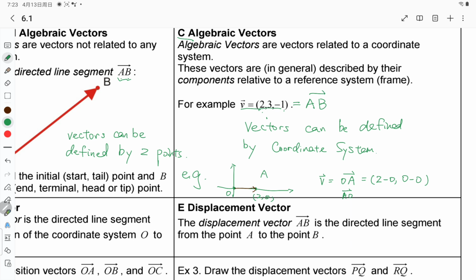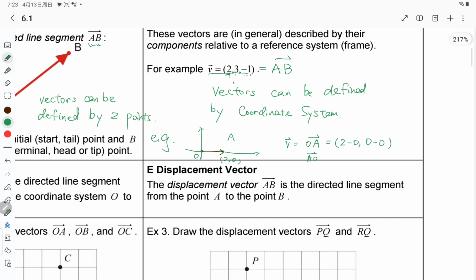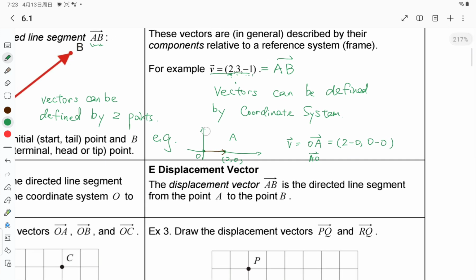The starting point is A and the ending point is B. Similarly, as this coordinate is representing, this should be the coordinates of B minus the coordinates of A, right? So it's not just a point.